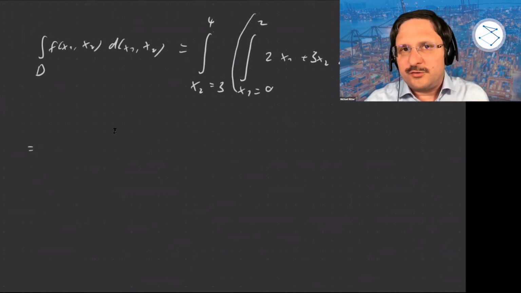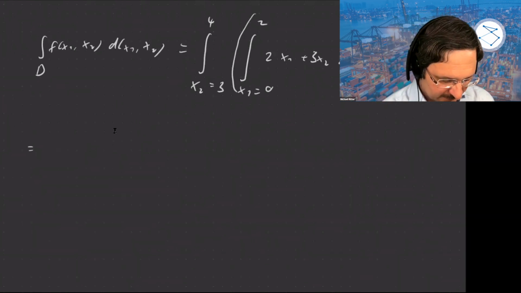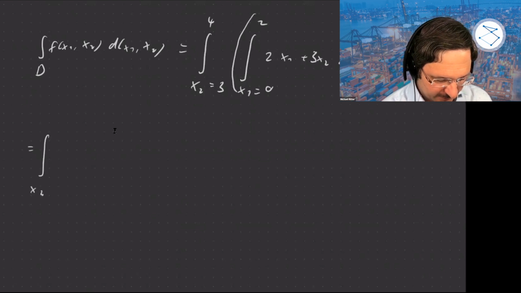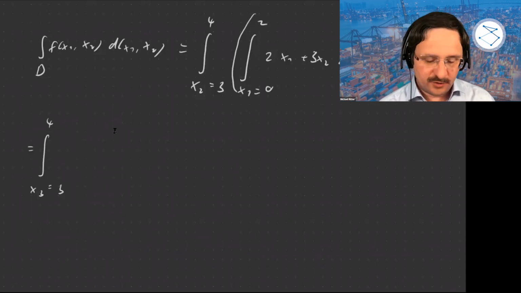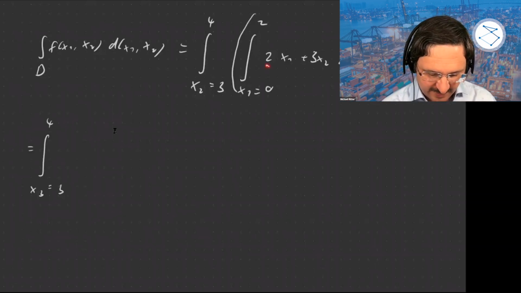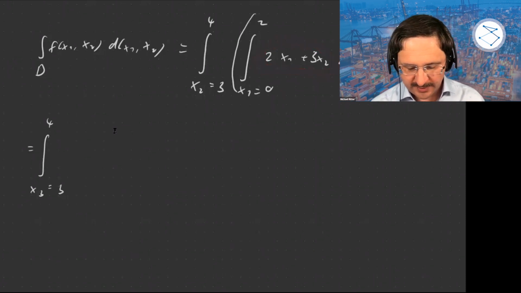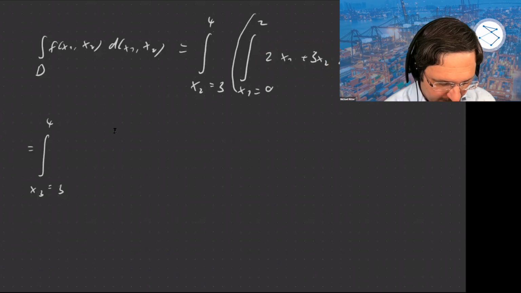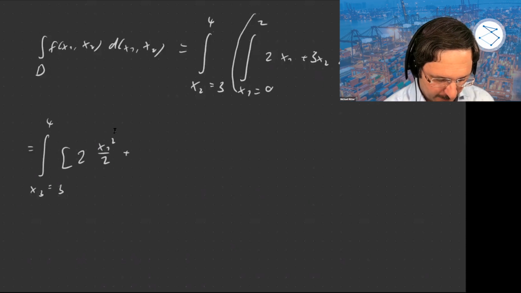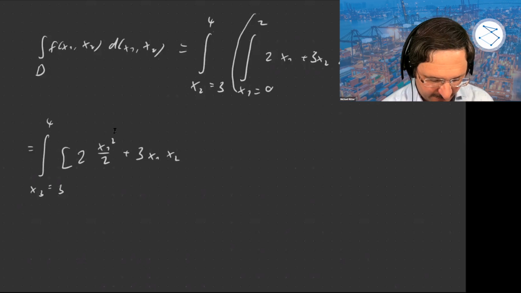Okay, so let's just compute that. We keep the outer integral. For the inner integral, it can be resolved right away. It's just an affine function with respect to x1. So if we integrate that expression with respect to x1, we get 2x1 squared over 2 plus 3x1 x2.